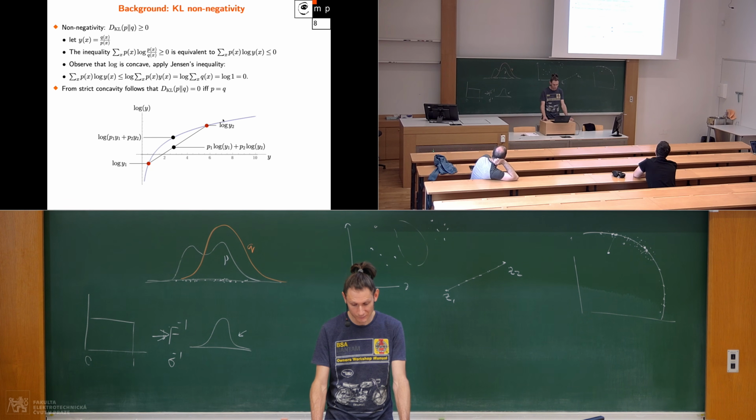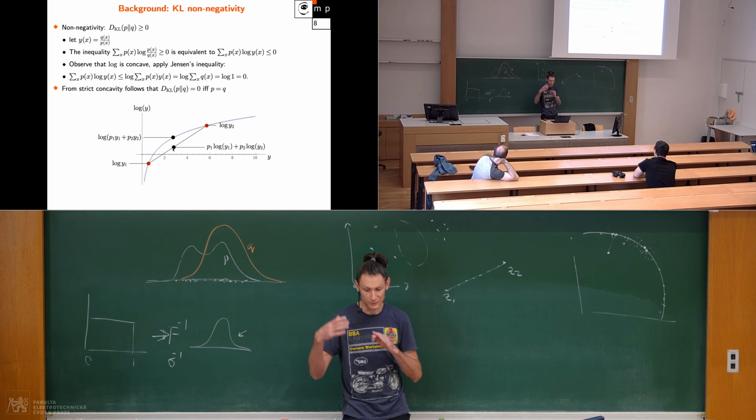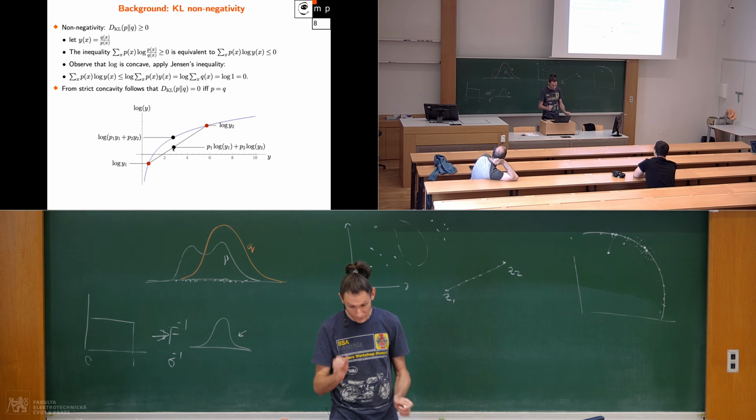The picture for this is that we have this logarithm function, and maybe multiple points on it, but let's say just 2 points. At one point we evaluate logarithm of y1, and at the other point logarithm of y2. And the convex combination of logarithms is here, on this line.